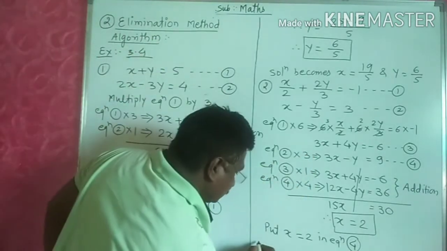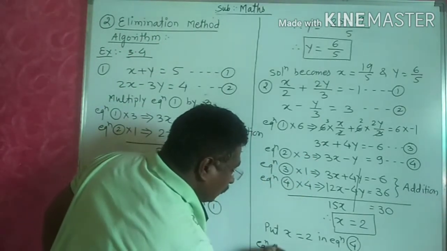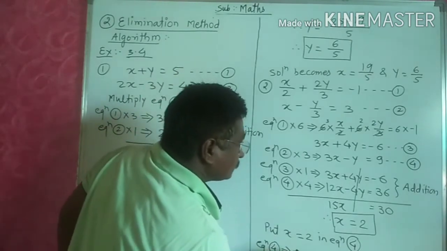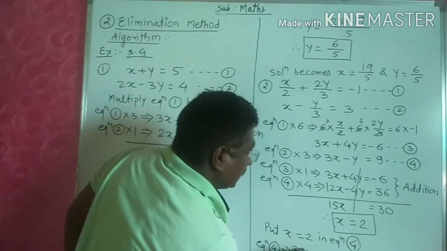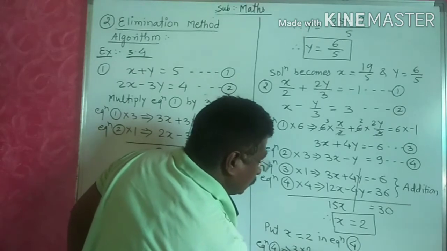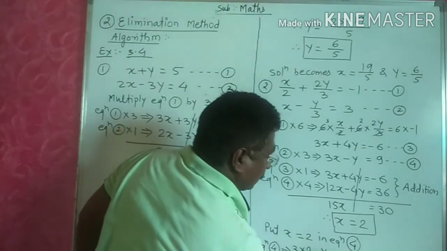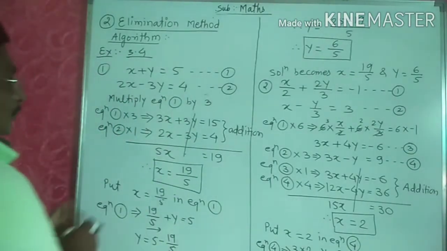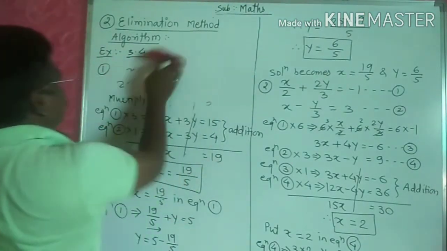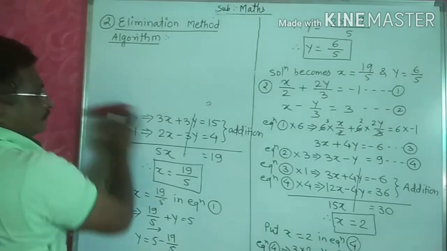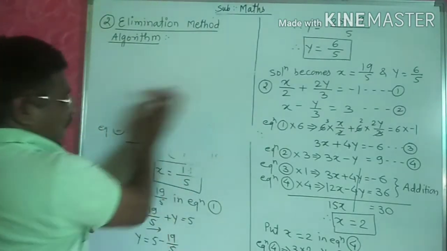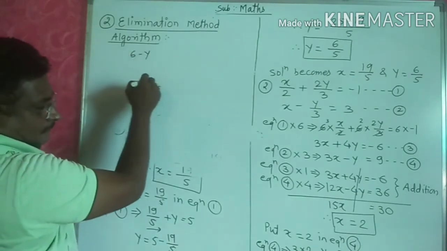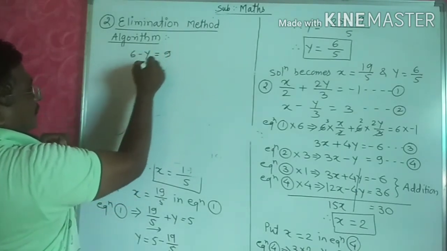So equation 4 becomes 3 into 2 minus y equals 9. Now we have to solve this. So 6 minus y equals 9.